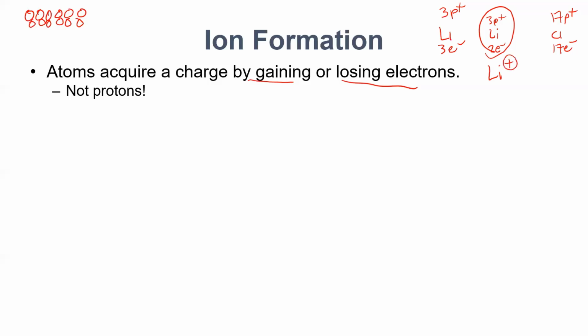Just like if I had chlorine with 17 protons, but 18 electrons. Now I have 1 more negative charge than positive. Now the chlorine is no longer neutral. It actually has a negative charge. So it's the gaining or losing of electrons that determines the charge in an ion.